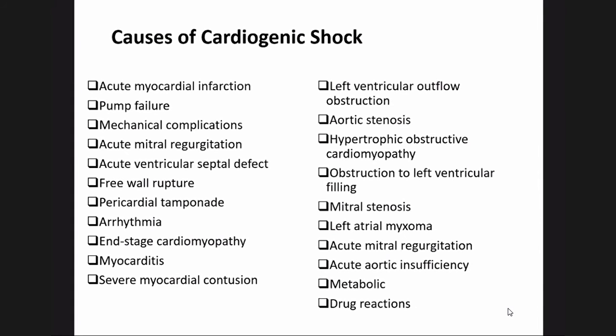So causes of cardiogenic shock, we have acute myocardial infarction, pump failure, mechanical complications, acute mitral regurgitation, acute ventricular septal defect, free wall rupture, pericardial tamponade, arrhythmia, end-stage cardiomyopathy, myocarditis, severe myocardial contusion, left ventricular outflow obstruction, aortic stenosis, hypertrophic obstructive cardiomyopathy, obstruction to left ventricular filling, mitral stenosis, left atrial myxoma, acute mitral regurgitation, acute aortic insufficiency, metabolic, and drug reactions.